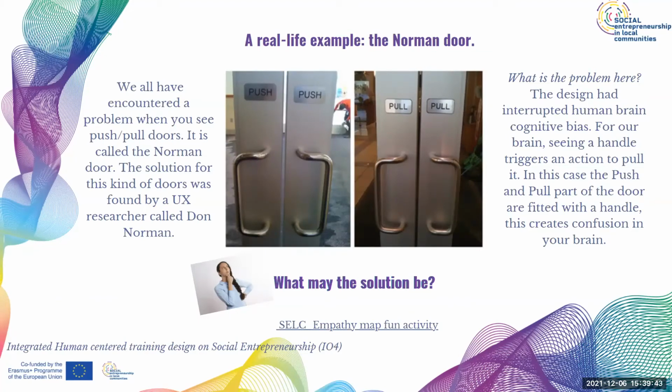We have two doors, one to be pushed and one to be pulled, where we have handles that are quite, how can I say, confusing for our brain. Because of course, when we see a handle, our immediate action is to pull it rather than push it. So what solution can we think of for this?